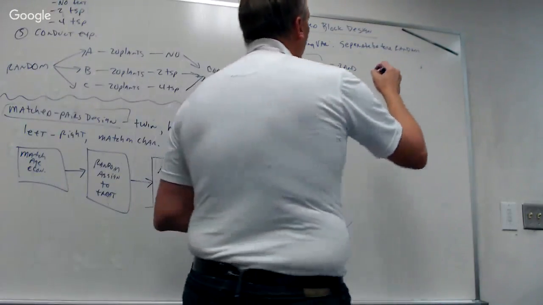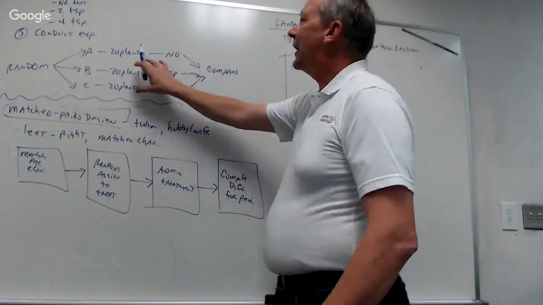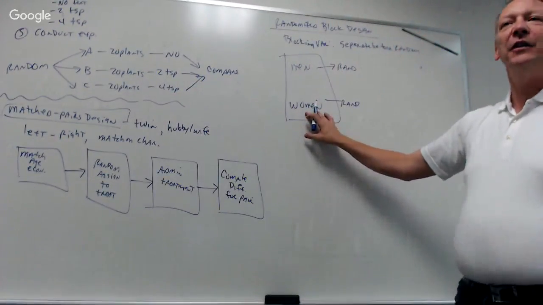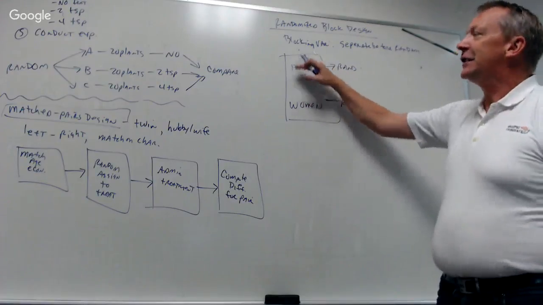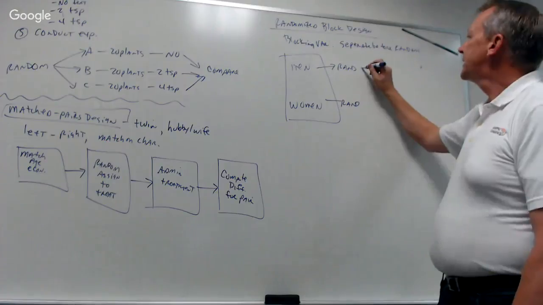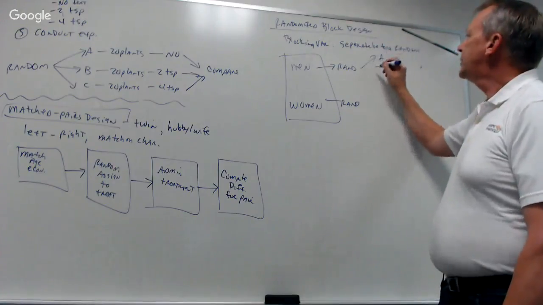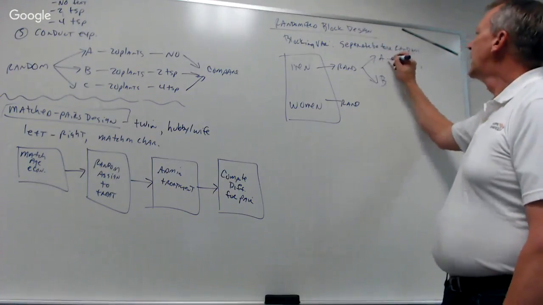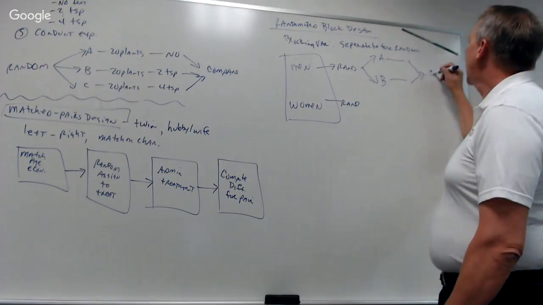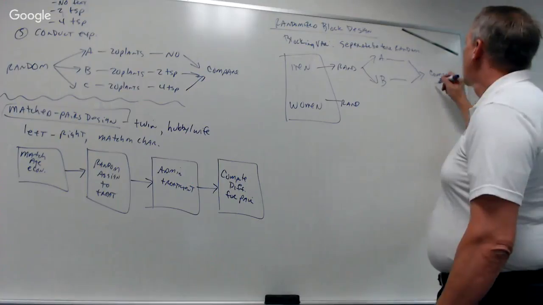And so it's going to look a lot like the completely randomized, but just remember that you've got this blocking variable first. So this is not random. Okay? The randomization is going to be second. So you'll have two treatments, A and B. You'll run the experiment, and then you will compare the results.